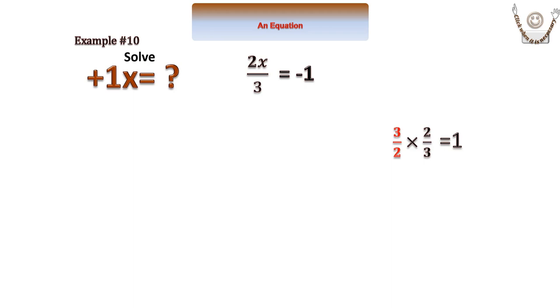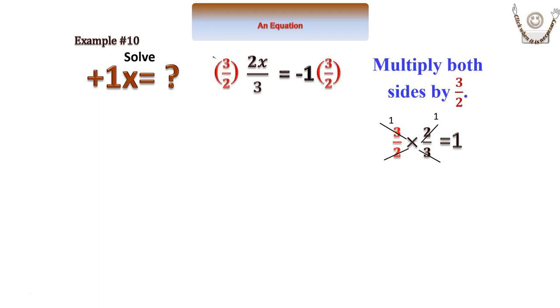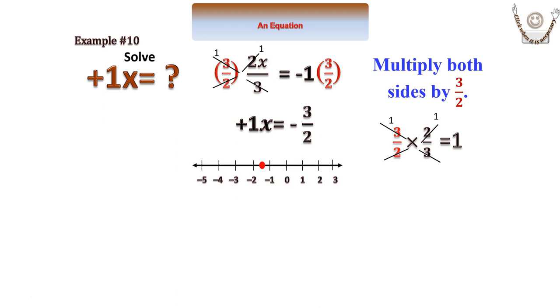So we are going to multiply both sides, to keep balance, by 3 over 2, and now we can cancel. 3 over 3 is 1, 2 over 2 is 1, and we have 1x or just x equals negative 3 over 2. We can show a real number line, and then the question is, is it true or not? You can check if you want. Try to do it by yourself.